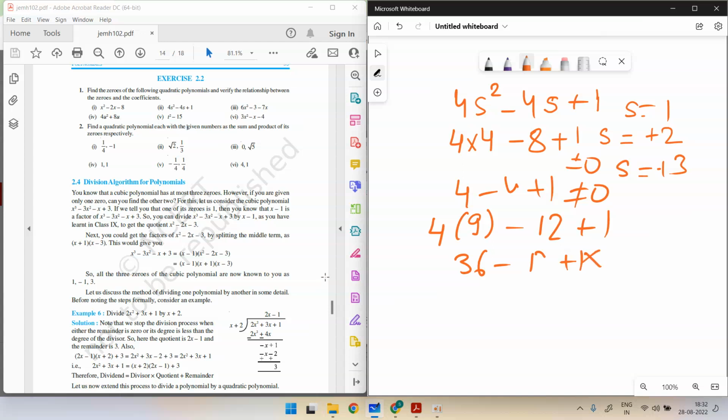Now this means you need another trick to solve this question. You have tried 1, 2, 3.